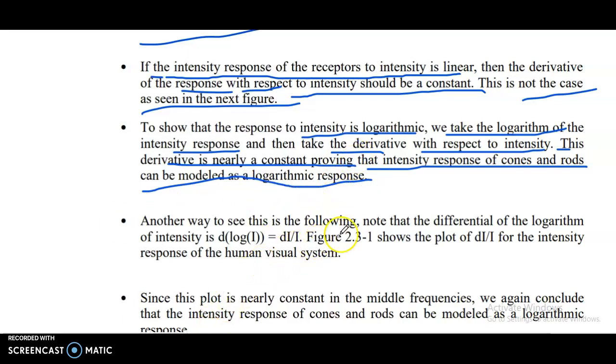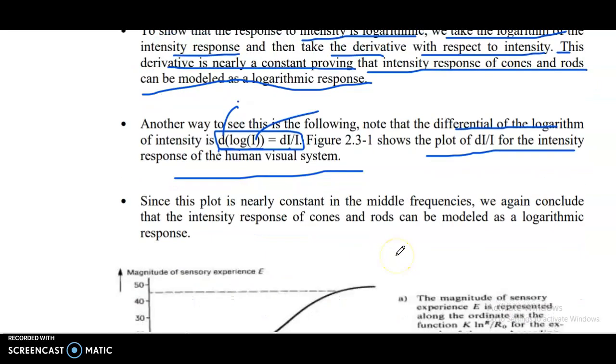Another way to see this: note that the differential of the logarithm of intensity, d(log I), equals dI divided by I. Figure 2.31 shows the plot of dI/I for the intensity response of the human visual system.